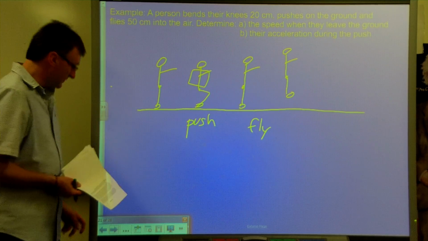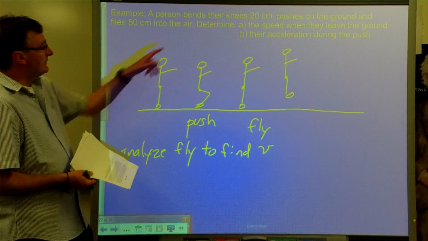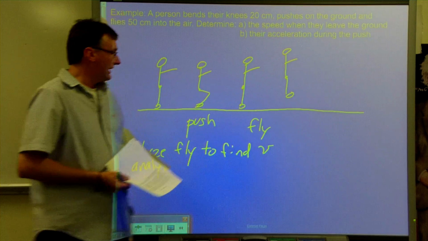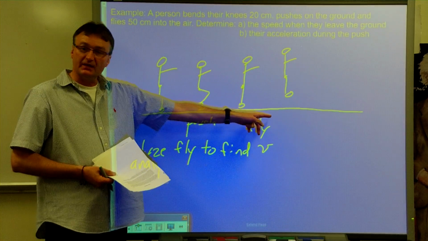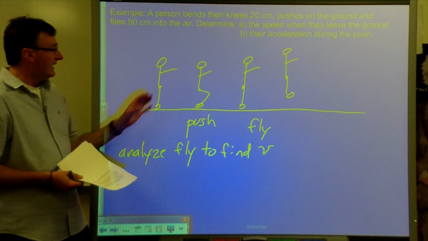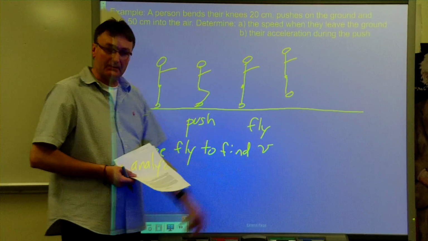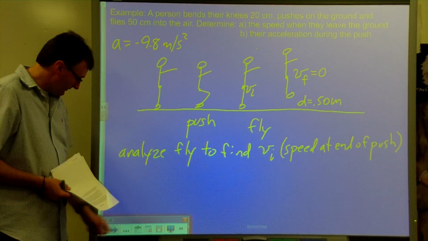So the first thing we're going to do is find their speed when they leave the ground, and we're going to go to this phase first in order to determine that, because we have enough information here. So let's see how we'll do that.